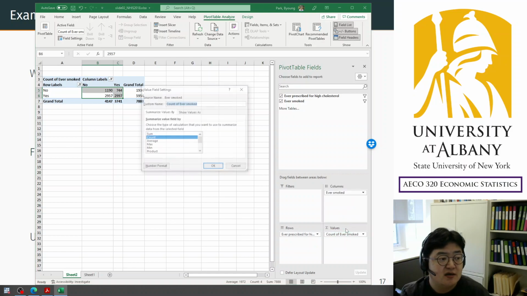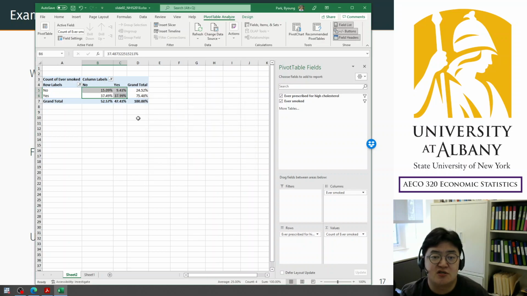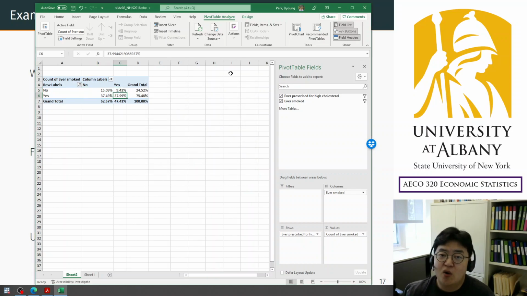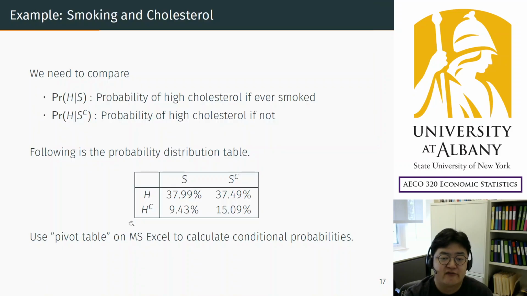And we change the count to percentage. Then we obtain the probability distribution table. This is what we get from the pivot table.